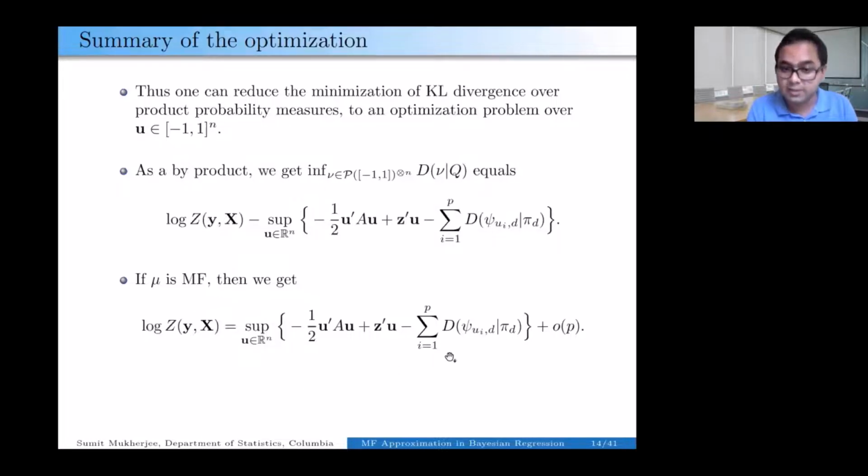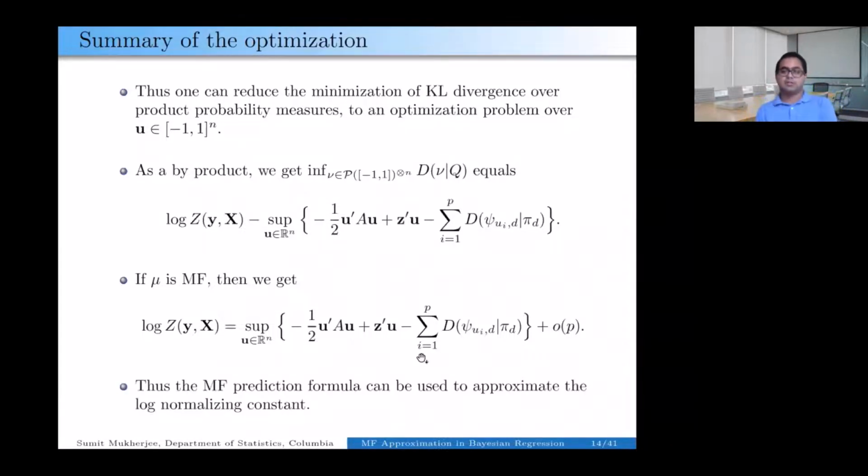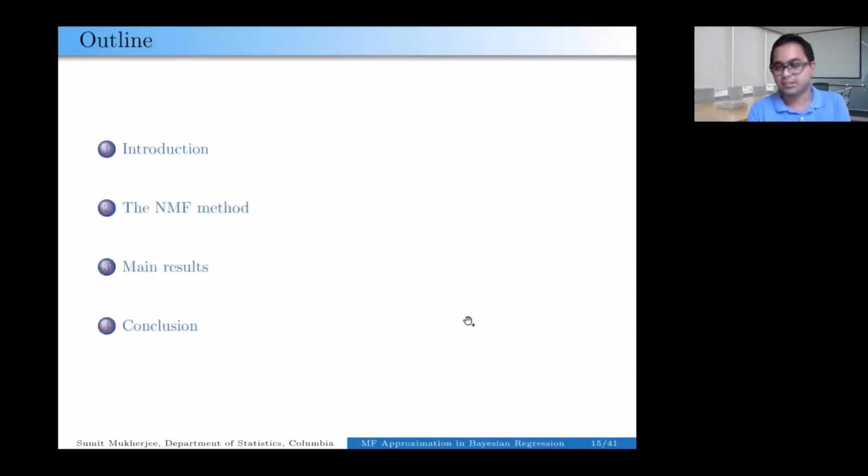So this optimization actually tells you what the normalizing constant will behave like for large p. Right? So that's also an immediate consequence of this approach. Any questions that I can answer at this point? So this explains the second part of the talk, and now I'll go over the rigorous guarantees that we provide for this mean field approach.